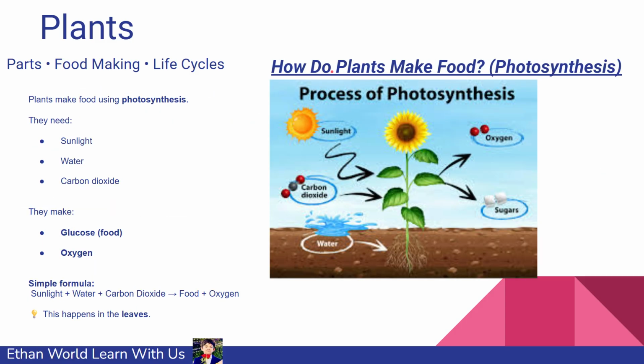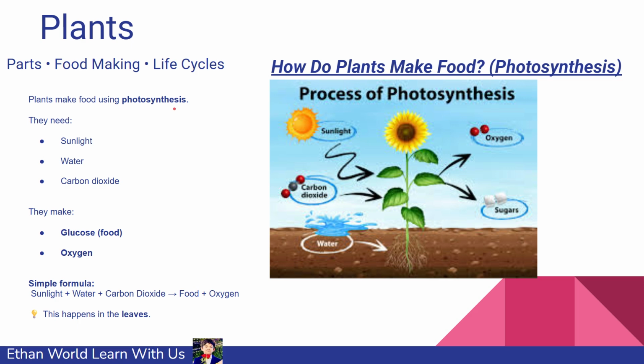How do plants make food? They go through this process called photosynthesis. They need sunlight, water, and carbon dioxide, and then they add those substances up and make glucose and oxygen. The oxygen we breathe.